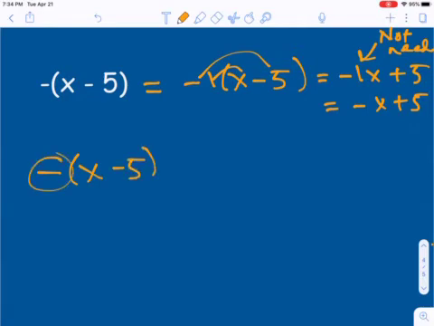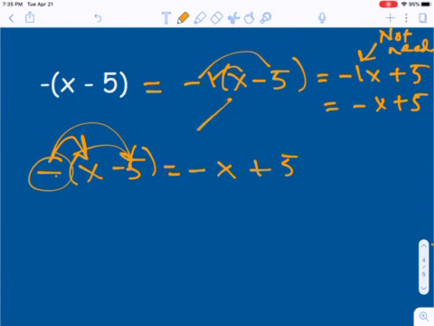We're going to apply this to every term in here, and it's just going to make it the opposite, because that's sort of what a negative sign means a lot of times. It means the opposite. So the opposite of x is negative x, and the opposite of negative 5 is positive 5. Whatever way you've got to use to make that work for you, that's fine.